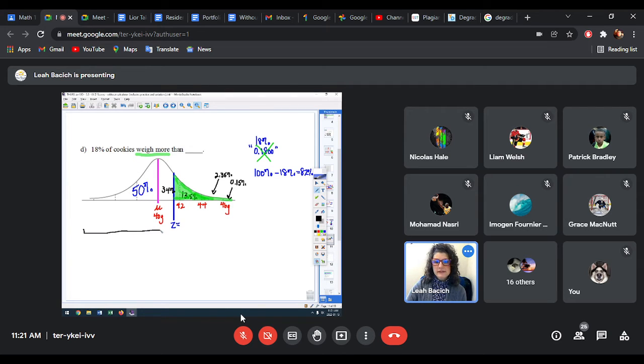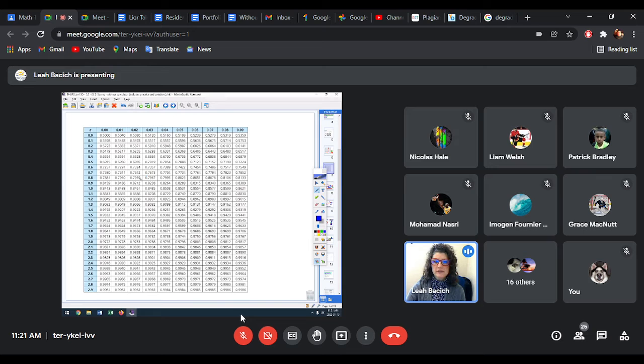So this is 82%. This is 18%. That's what we're saying. So in the table, if I go to that proper page, 0.8200, is there something close to 0.8200? Well, here's 0.7995, 0.8133. I get 0.8186, and I get 0.8212.